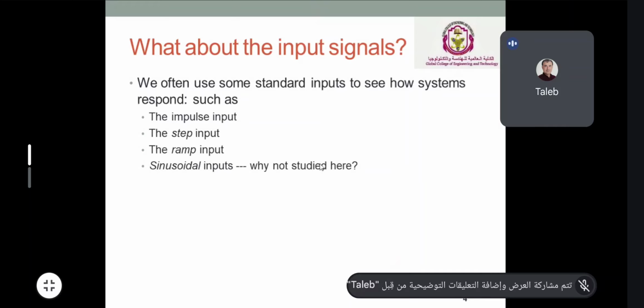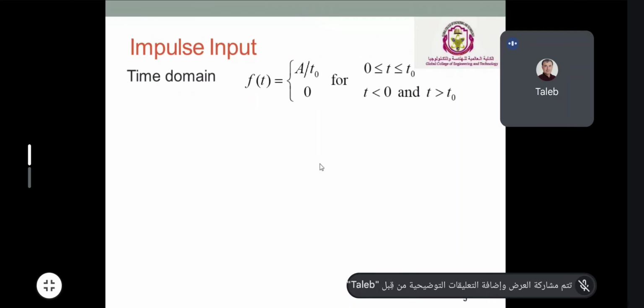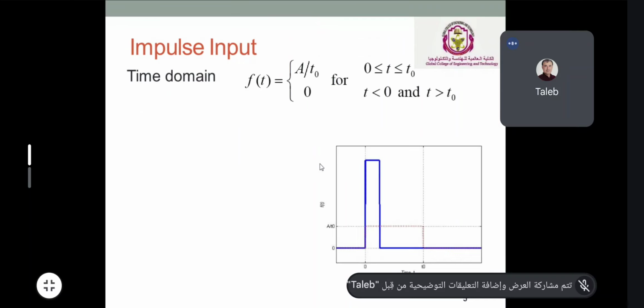So what is input? There are three types of inputs to study. First one is impulse. Impulse is a pulse that is very, very narrow, with very high value. It started from rectangular, but it gets very narrow and has a theoretically infinite level, happening in a very, very short time.